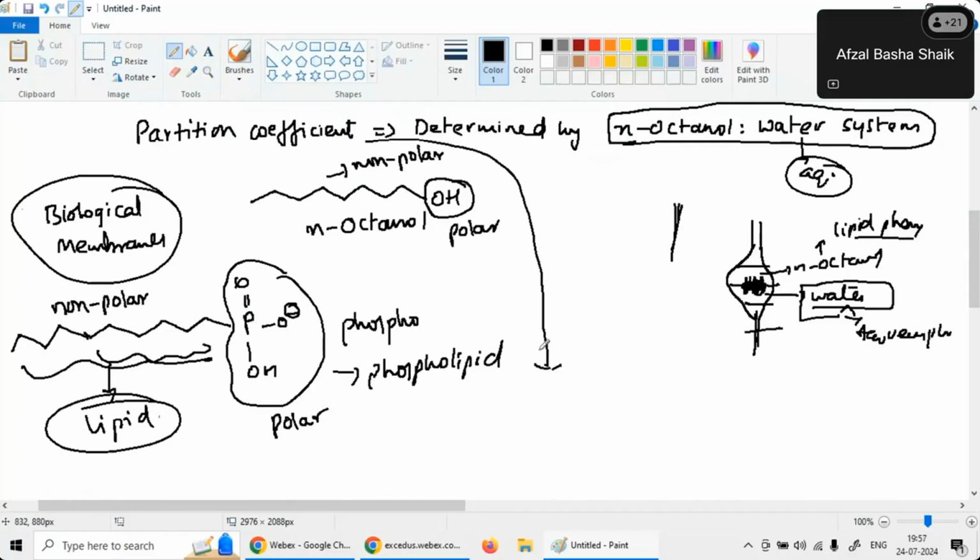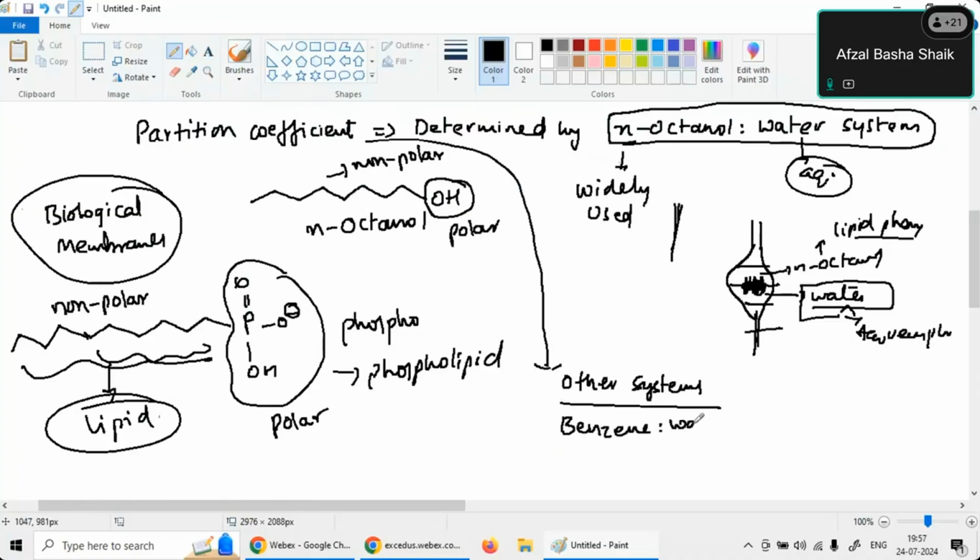Yes. And we also have other systems, but this is widely used. Other systems like the benzene water system, the chloroform water system, and a hexane water system.